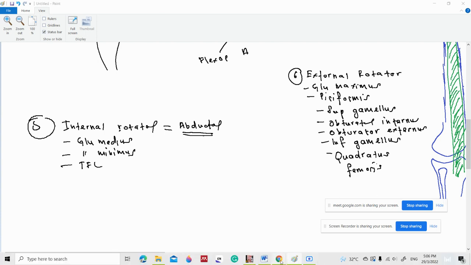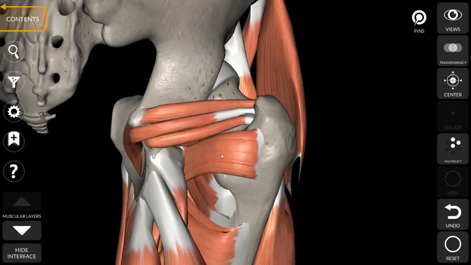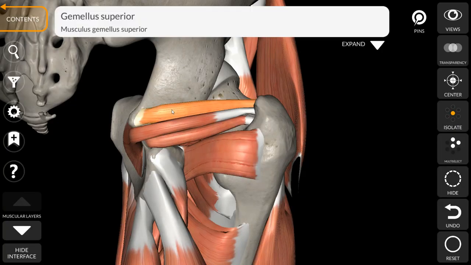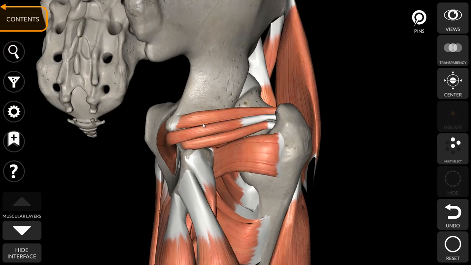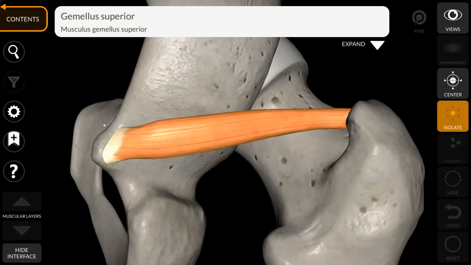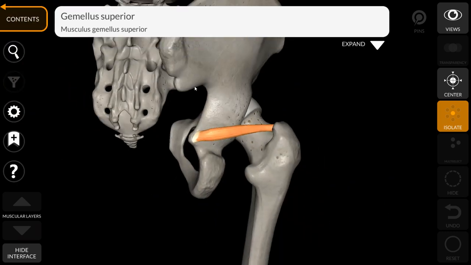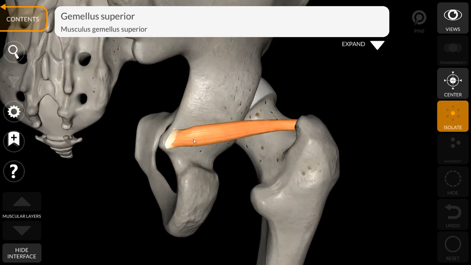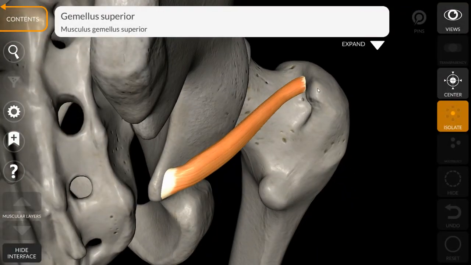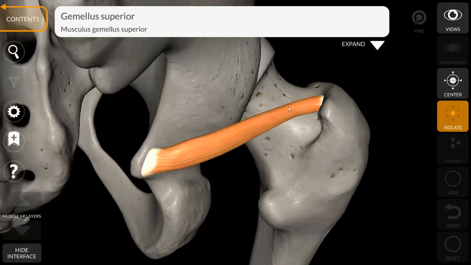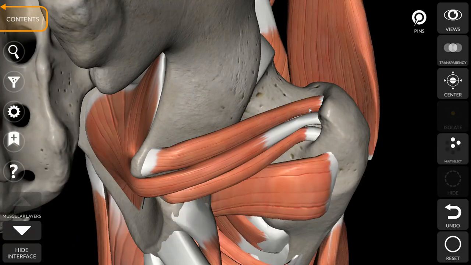Superior gemellus comes from where? It originates from the ischial spine. Still remember the greater sciatic notch, and this is the ischial spine. And this muscle also inserts into which area, class? Greater trochanter, medial surface, same thing.